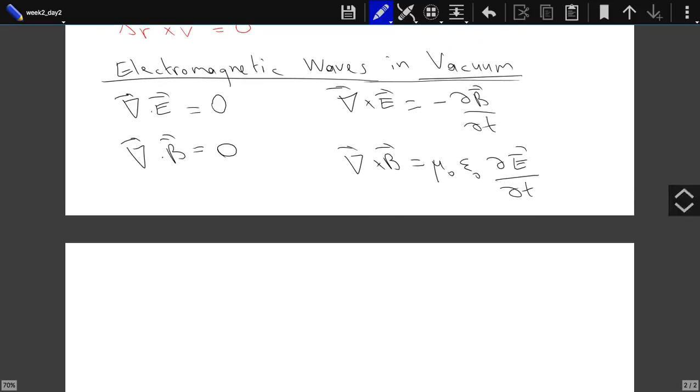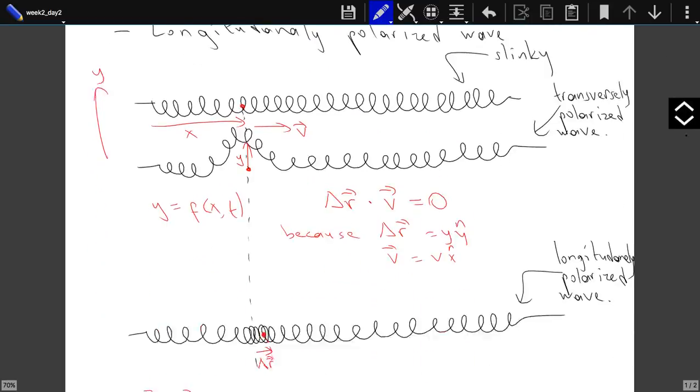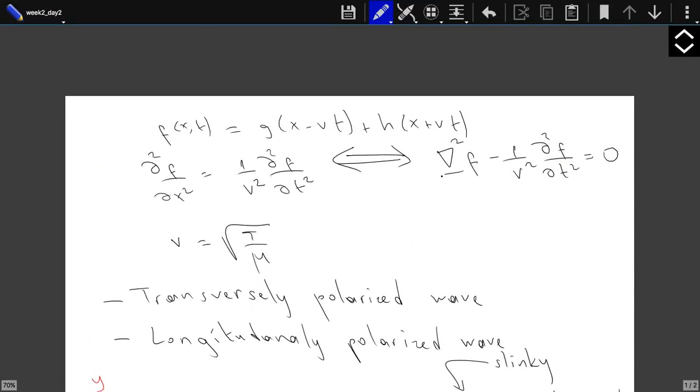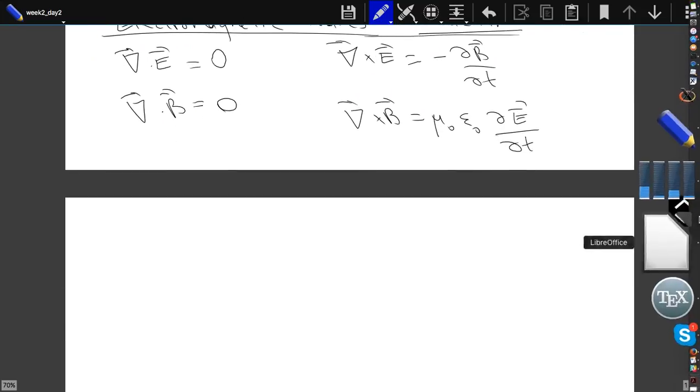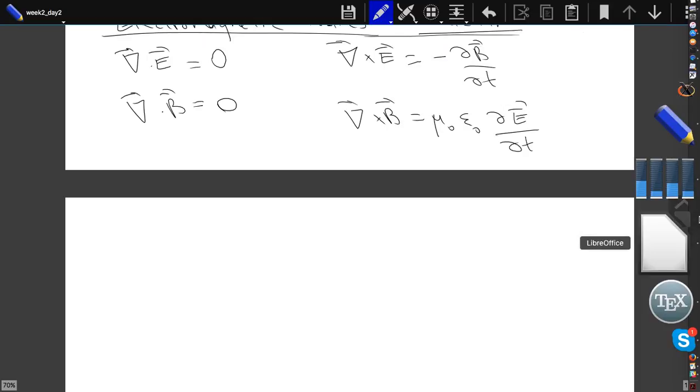Now let's see if the electric field satisfies some kind of a wave equation. Now the easiest thing to do, well, Laplacian is kind of a complicated operator. Rather than trying to see if there's some Laplacian in our equations, let's look at the second derivative of the electric field with respect to time.